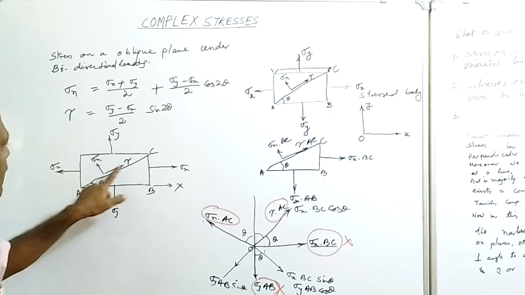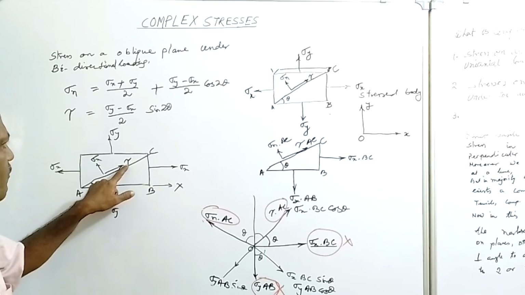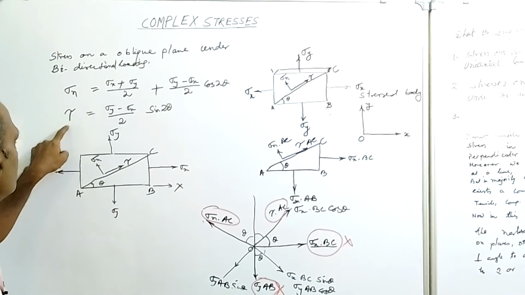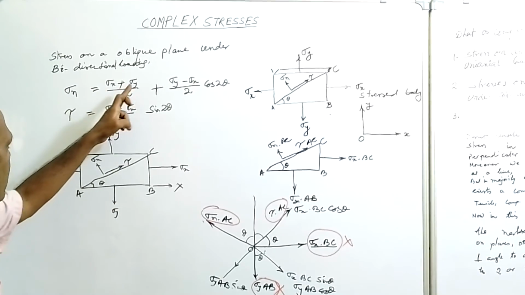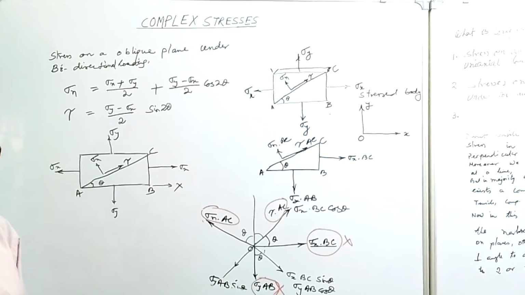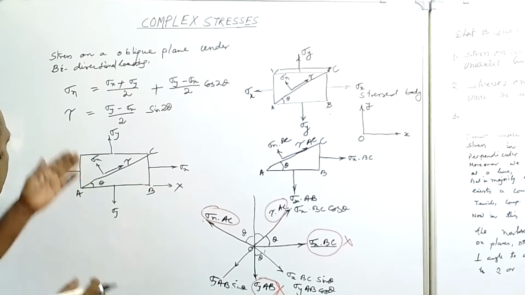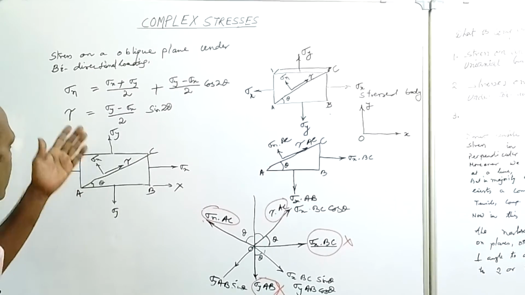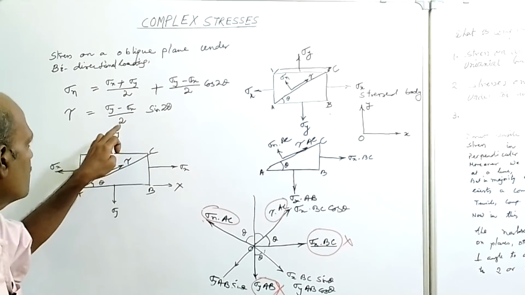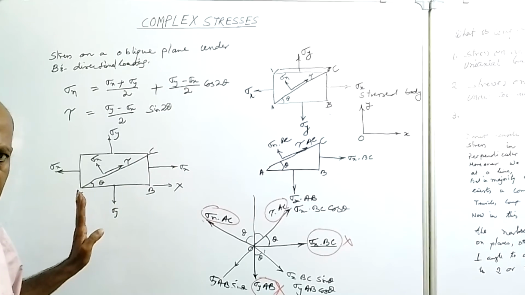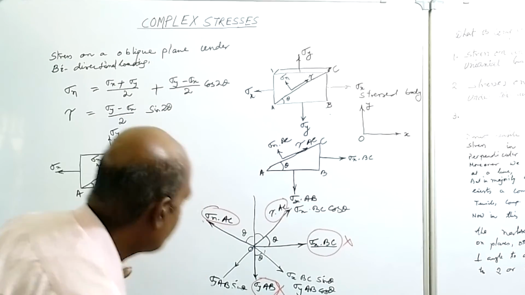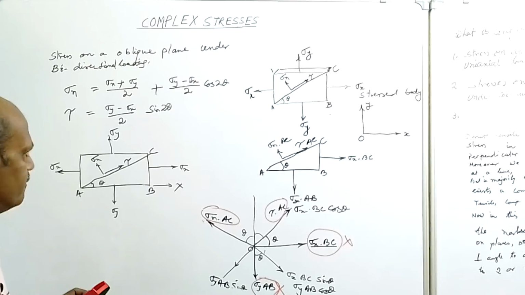So sigma n is given by sigma x plus sigma y by 2 plus (sigma y minus sigma x) by 2 cos 2 theta, and tau value is given by (sigma y minus sigma x) by 2 sin 2 theta. So we have got the solution.